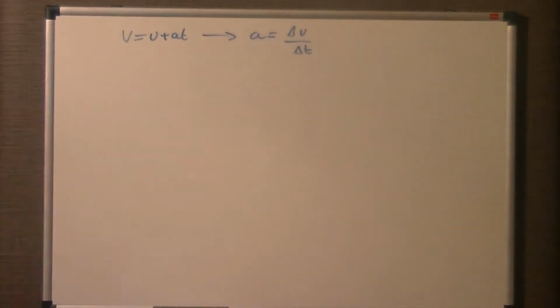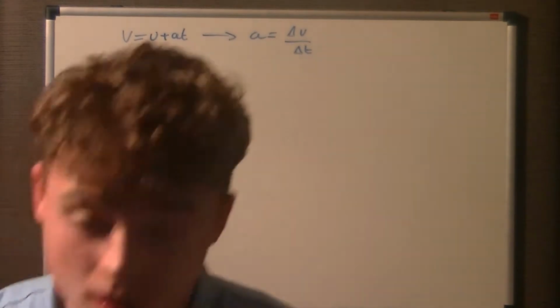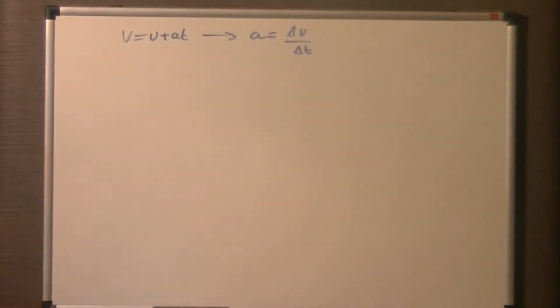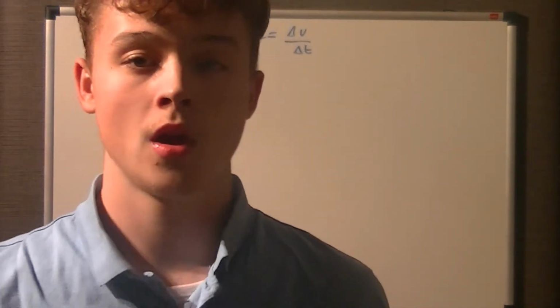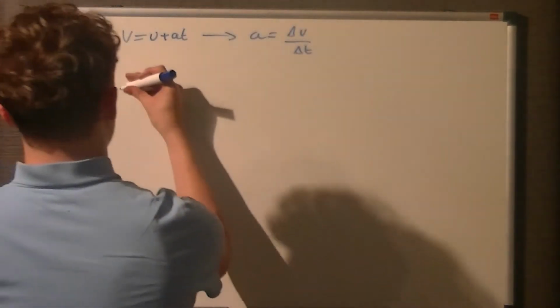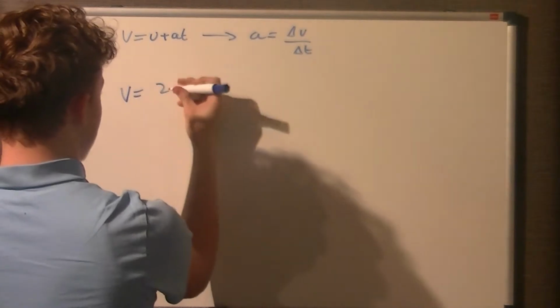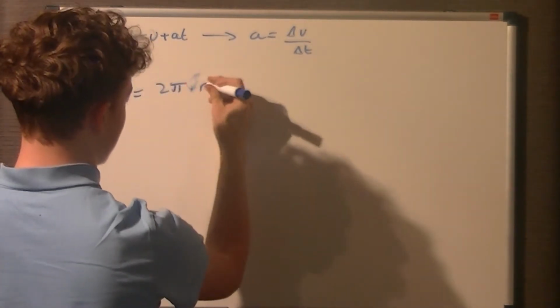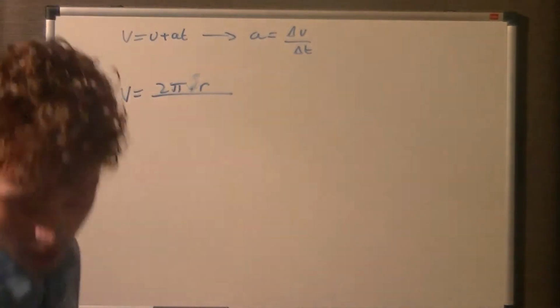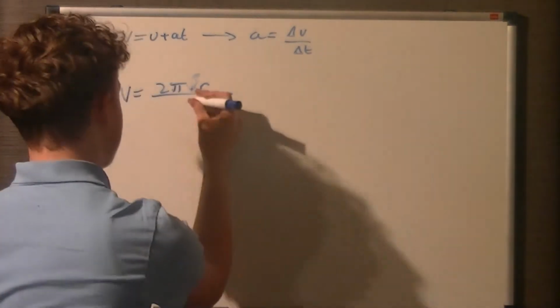For an object moving at a constant speed on a radius, for example a satellite orbiting the Earth, you might need to know its velocity. You can find this by v equals 2 pi r over t. That's not the power of r, that's just times by r, over t.